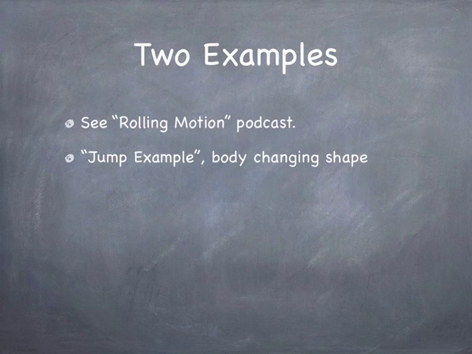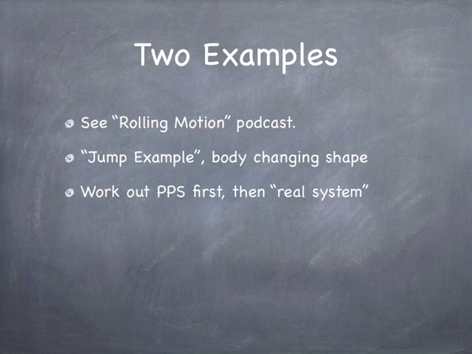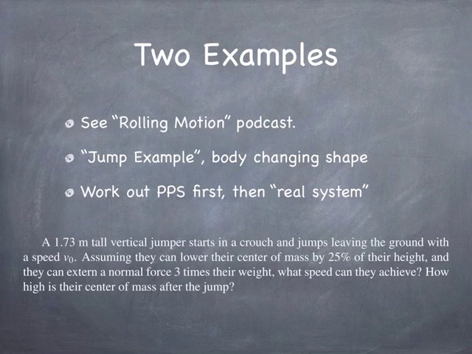What we're going to do right now is an example of a person crouching and jumping, and that's an example of a body changing shape. The strategy is to work out the point particle system first, and once we know the change in the translational kinetic energy, we can use the real system to find out the change in the internal energy of the system. So that's the idea. We have a 1.73 meter tall vertical jumper.